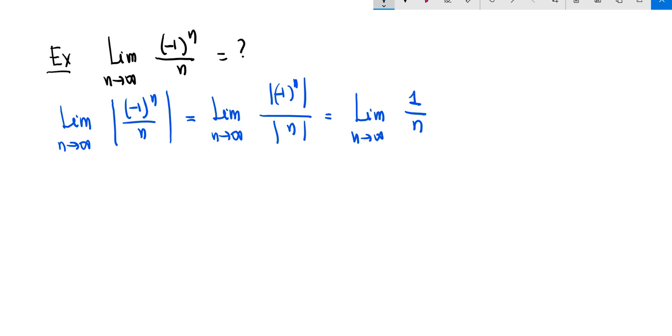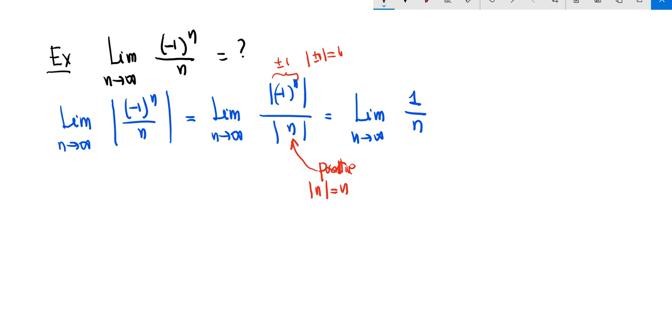And the reason of that is because this thing here will be either plus or minus 1, right? And the absolute value of plus or minus 1 is 1, of course. And this thing here is positive, so it is equal to its absolute value. When a number is positive, that number is equal to its absolute value.